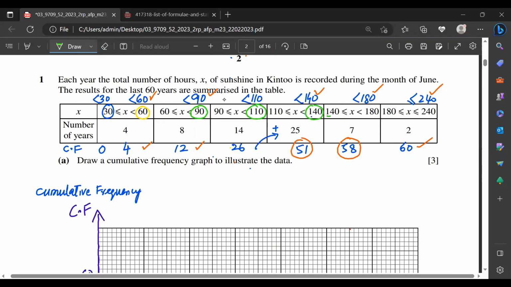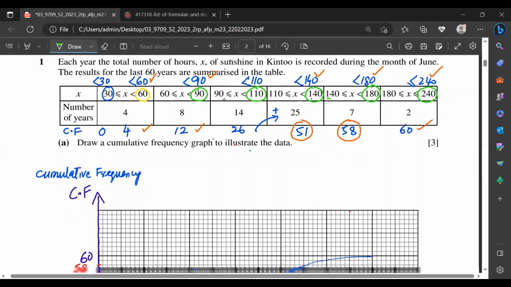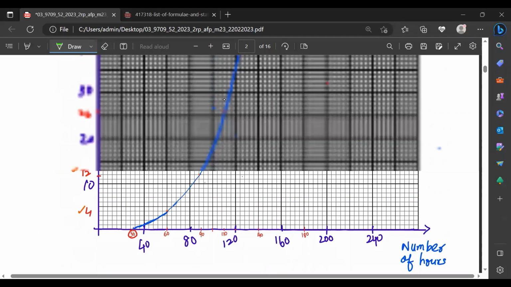Why a boundary? Because it's the same as the first number of the next class. So 180 is the upper class boundary, 240 is the upper class boundary. This is how you can draw this cumulative frequency graph.